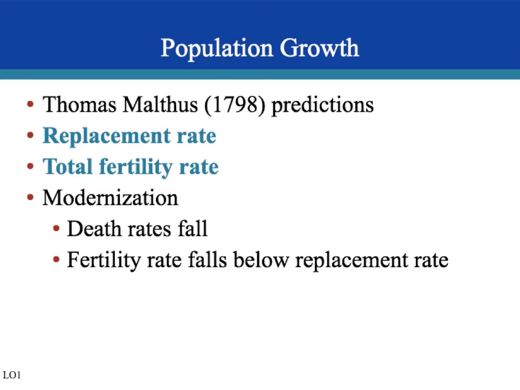One explanation as to why modernization leads to lower fertility rates is, in the past, parents needed to have a lot of children because children were needed to work the farms, and also because death rates were higher, they needed to ensure that at least two children would make it to adulthood. But now that children are no longer needed to work farms, they are a higher cost.